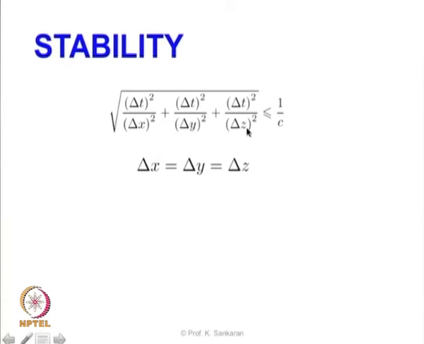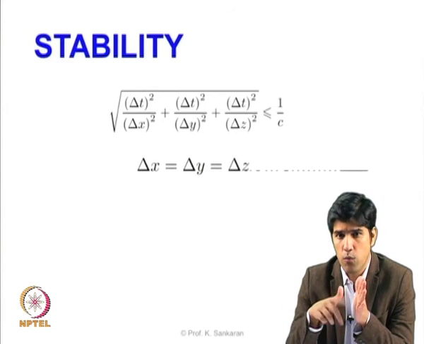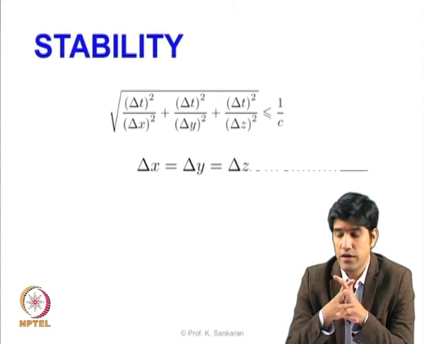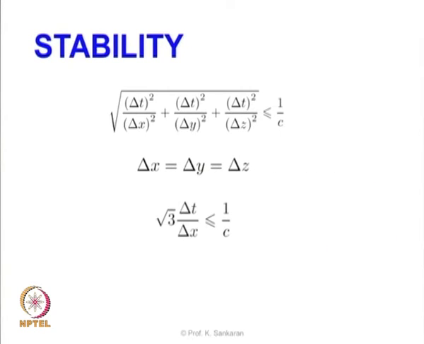If we set delta x, delta y and delta z equal, in other words we assume that the spatial discretization is the same in the x, y and z directions, then the CFL condition above turns into square root of 3 delta t divided by delta x, which is less than or equal to 1 by c. So in other words, our delta t should be less than or equal to delta x divided by c root 3.